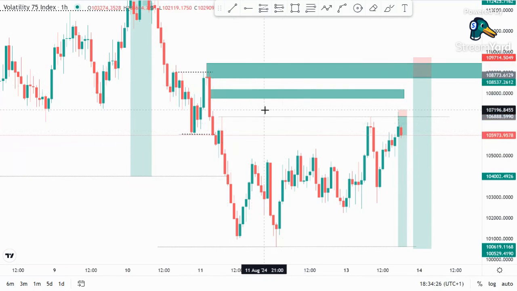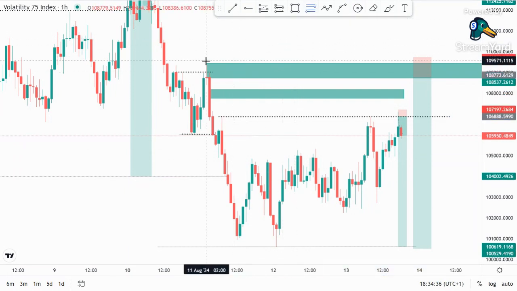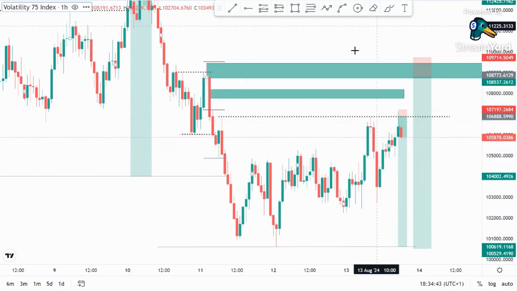Here's the other block. This is the other block, right? I'm taking this as my structural liquidity, although it's not up to 50% of the range, right? It's not up to 50% from that eye to this place, but almost 50%.